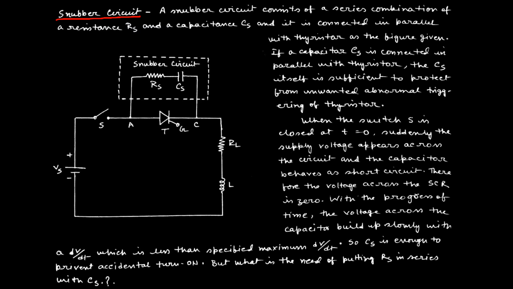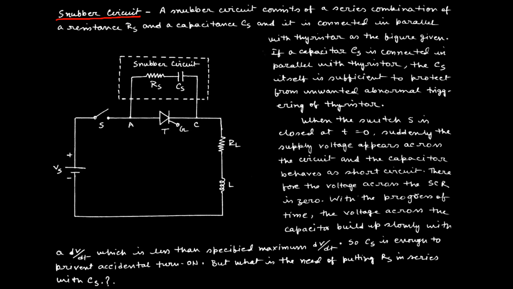Therefore, the voltage across the SCR is 0. With the progress of time, the voltage across the capacitor builds up slowly with a dV/dt which is less than the specified maximum dV/dt. So Cs is enough to protect against accidental turn-on.